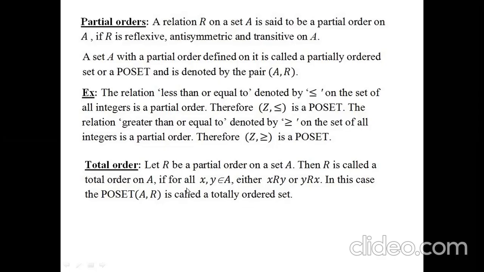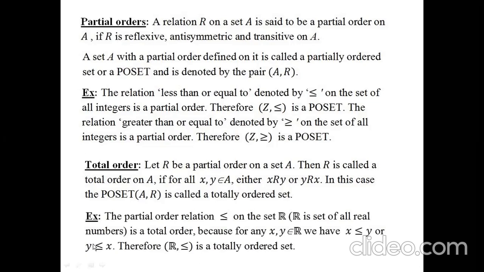So we have the condition that R is a total order. Firstly, it should be a partial order on the set A. Once it satisfies that it is reflexive, antisymmetric, and transitive, we will look into another important condition that either x should be related to y or y should be related to x for every element x, y belonging to the set A. In such a case, we say that the poset (A, R) is called a totally ordered set.